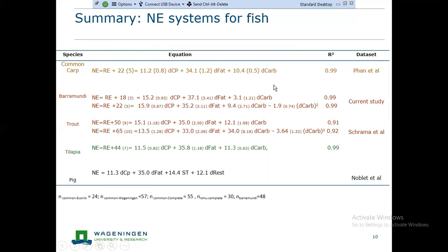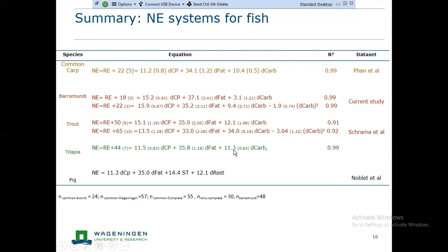For the utilization efficiency of digested carbohydrate, the variation is quite large between omnivorous and carnivorous fish. Barramundi is quite small, only 3.1 per the linear equation.